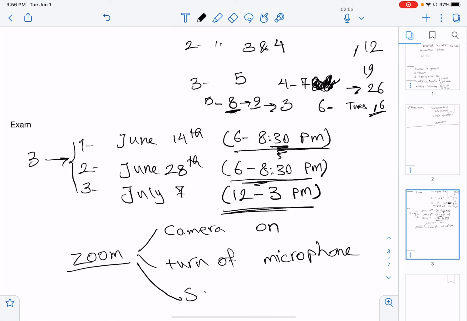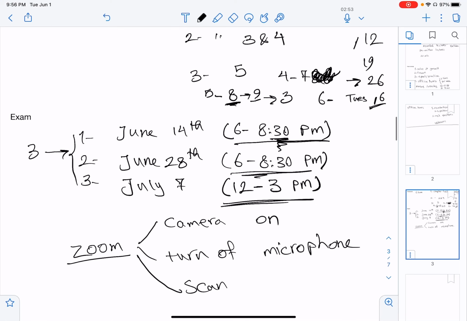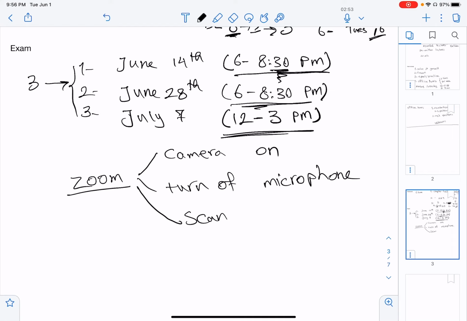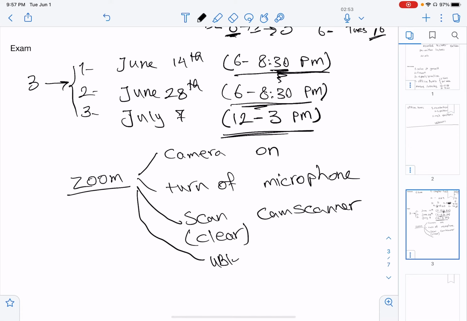You need to scan your work through maybe an app on your mobile. I always use CamScanner. It's your choice, whatever you want to use. And you need to make sure that the scan is really clear. And after you upload it through UB Learns, make sure that it's there.